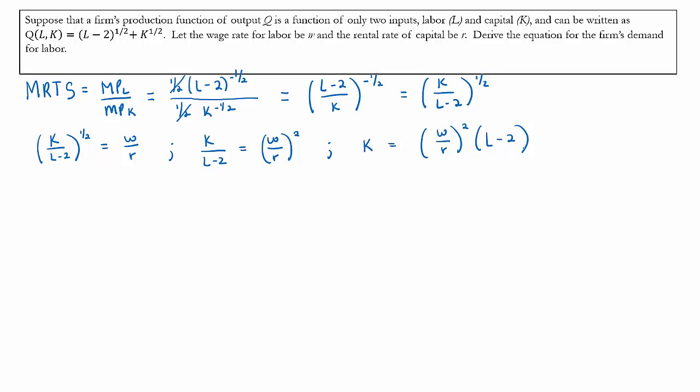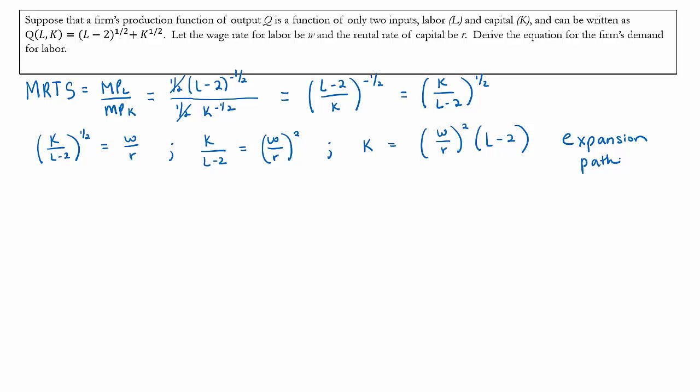This gives us an equation called the expansion path. The expansion path represents all the different combinations of labor and capital that are cost minimizing, or it traces out all the cost minimizing combinations of labor and capital as the firm expands its output.